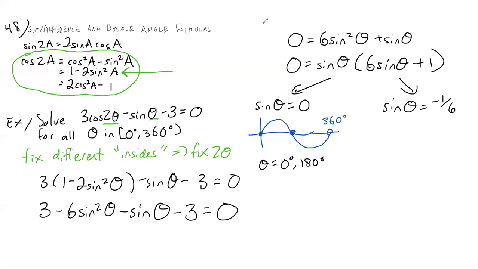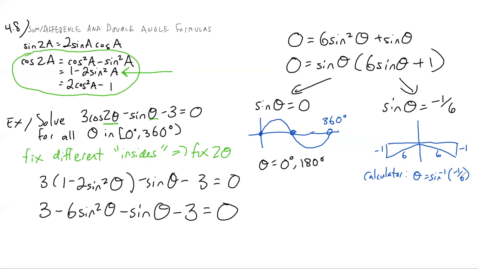And the sine theta equals negative 1 over 6. So this one I'm going to use a triangle. Sine theta is negative means that it's going to be on the bottom. So I'll have negative 1 and 6. And if I use a calculator, I would get theta is the inverse sine of negative 1 over 6.